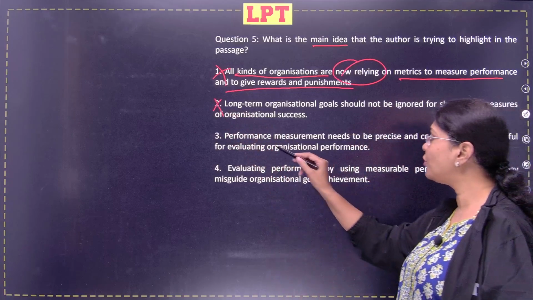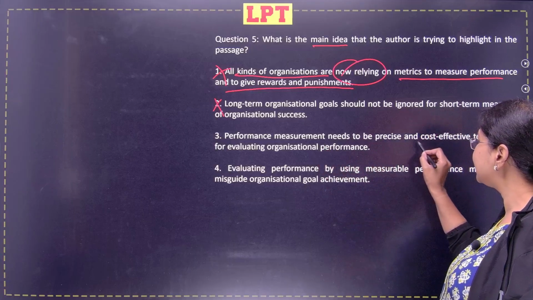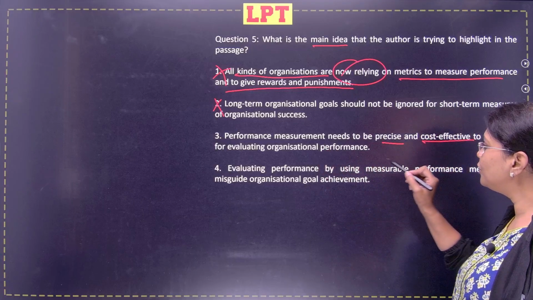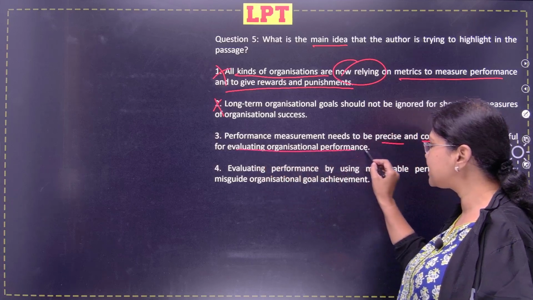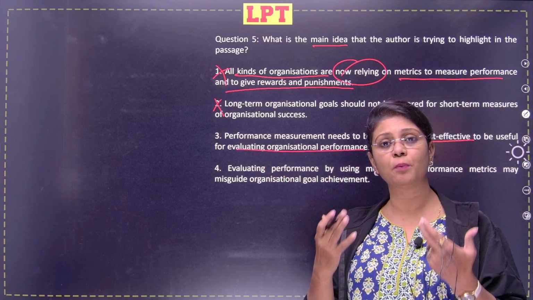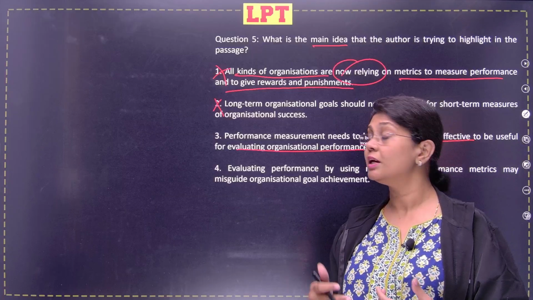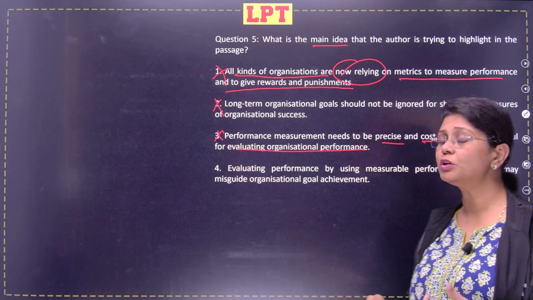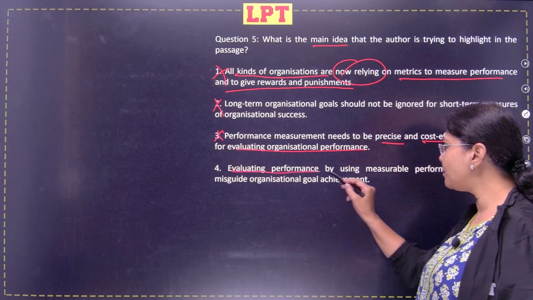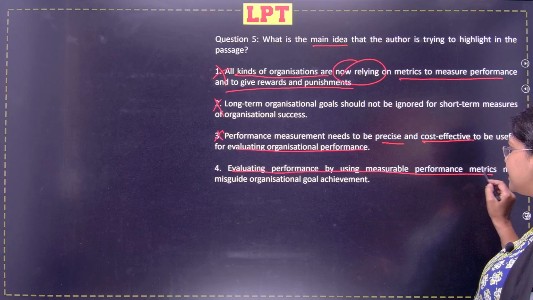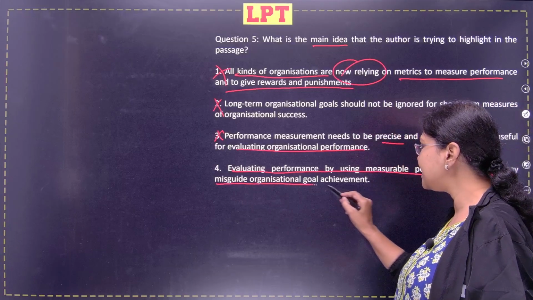Third says performance measurement needs to be precise and cost effective to be useful for evaluating organizational performance. The author does not support metric fixation as a performance evaluation process. So even this will be cancelled out. Fourth one says evaluating performance by using measurable performance metrics may misguide organizational goal achievement.